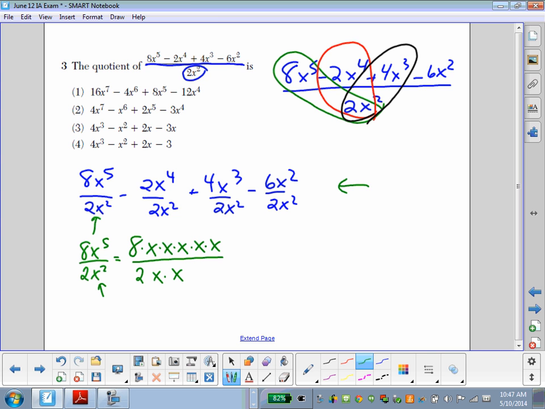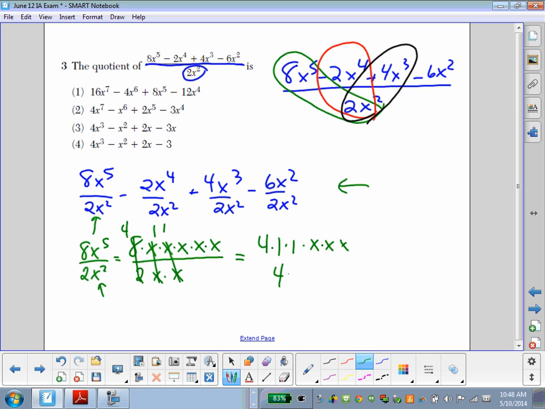Now when we do this, we can see that these x's divide out to 1, these x's divide out to 1, and 8 divided by 2 divides out to 4. So I really am writing 4 times 1 times 1 times x 3 times. 4 times 1 times 1 is the same thing as 4 by the multiplicative identity property.